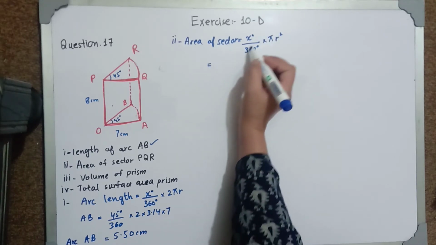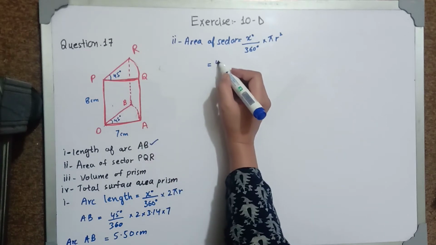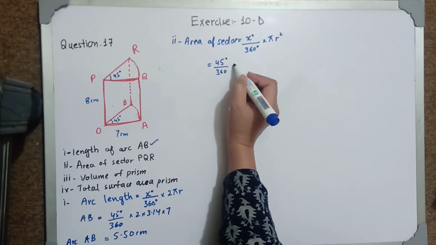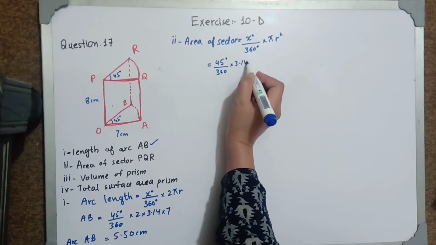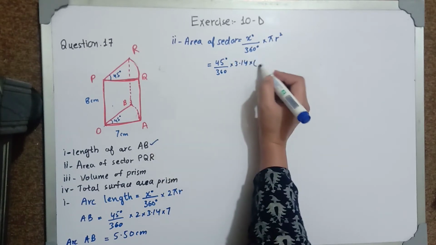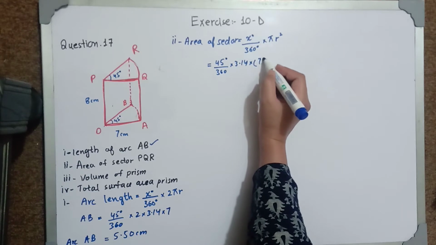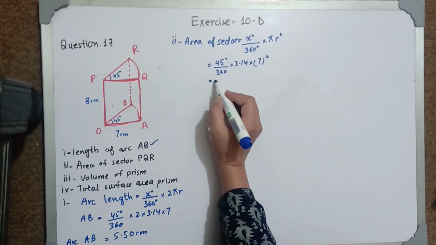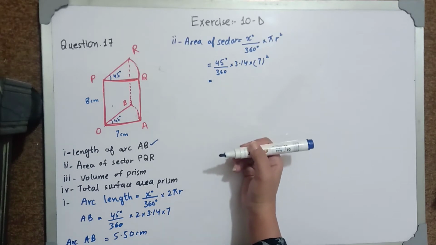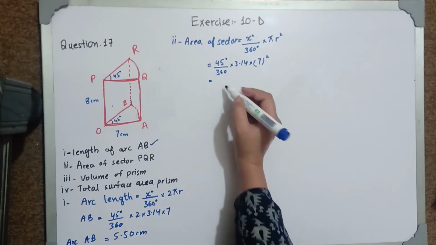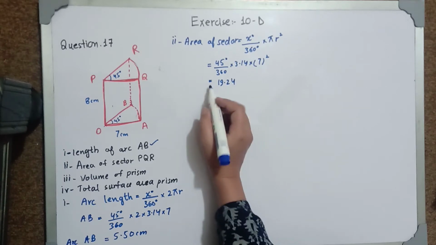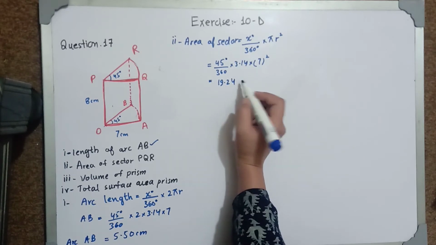So we will substitute the values here. We know x, this angle of sector is 45-degree over 360-degree into 3.14 into r is 7. So here, according to the formula, we'll take it square, and on solving this whole term, we will get the area of PQR equals to 19.24, right, centimeters square.